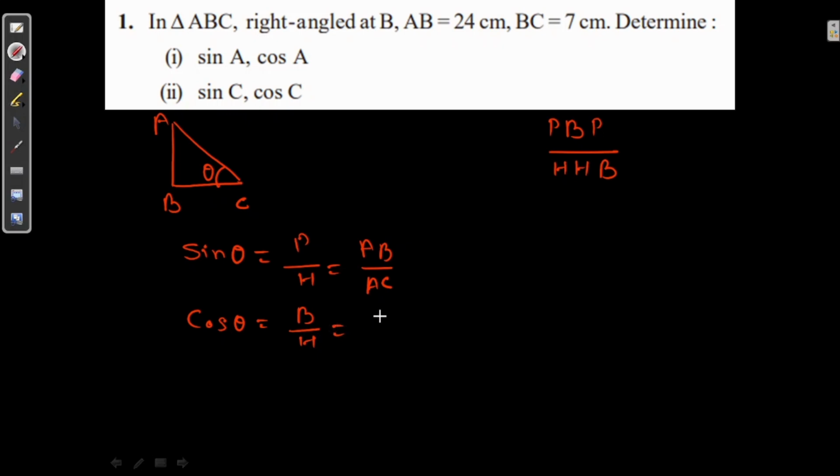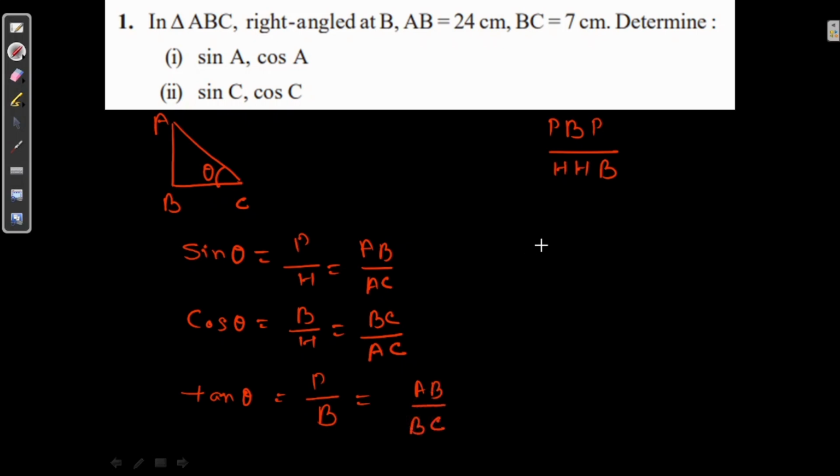You can say, sir, it will be base upon hypotenuse. So base is BC now and hypotenuse is AC. And third one is tan theta. It is P by B, perpendicular by base. So perpendicular is AB in the triangle and base is BC.